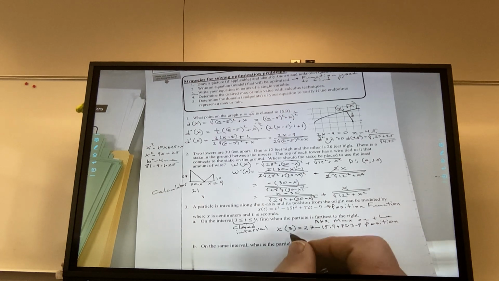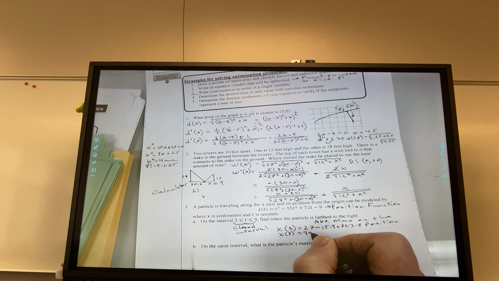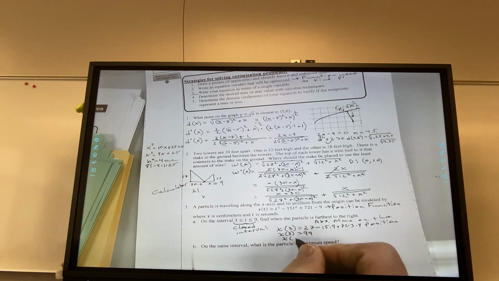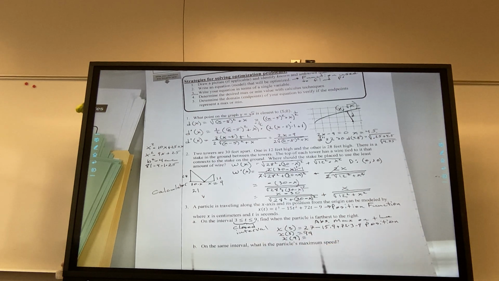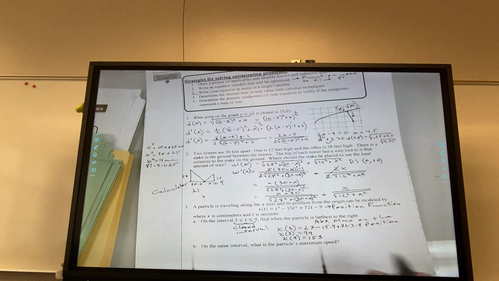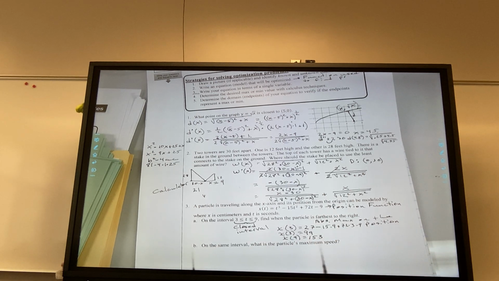And I got 99. And then I put 9 into there, and I'm not going to write out the numbers. I got 153. So far x of 9 is our max.